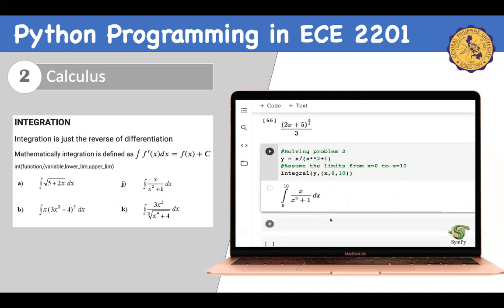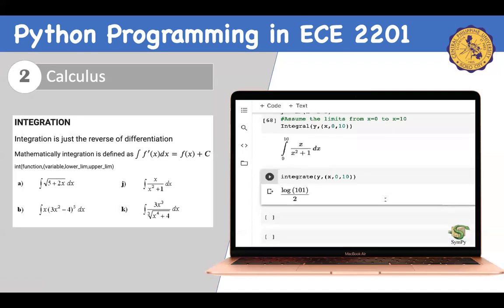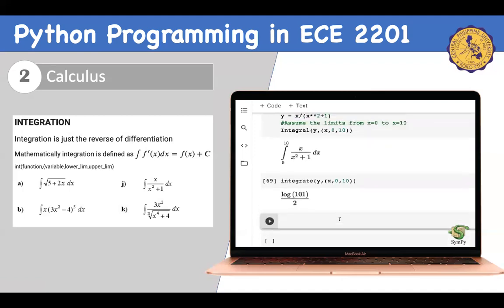You have a beautiful integral from 0 to 10 of x over x squared plus 1. Now, to solve this problem, you use the lowercase integrate y and then put the limits from x equals 0 to 10. There you go. You have ln of 101 all over 2. So take note of using the limits.